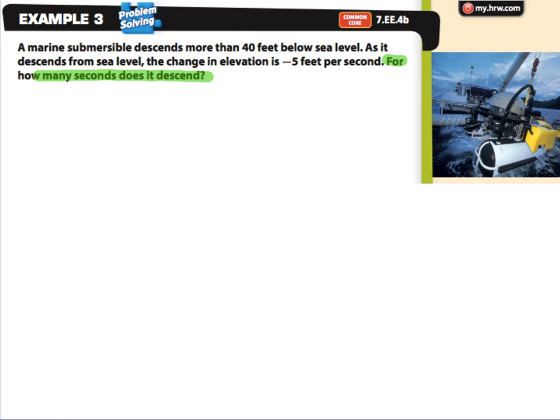And let's look for some important words here. Okay, we talked about this in class. So descends more than, and it's 40 feet, and it's below sea level, so that's probably important. It's a -5 feet per second. Okay, so let's take a look at what that tells me.